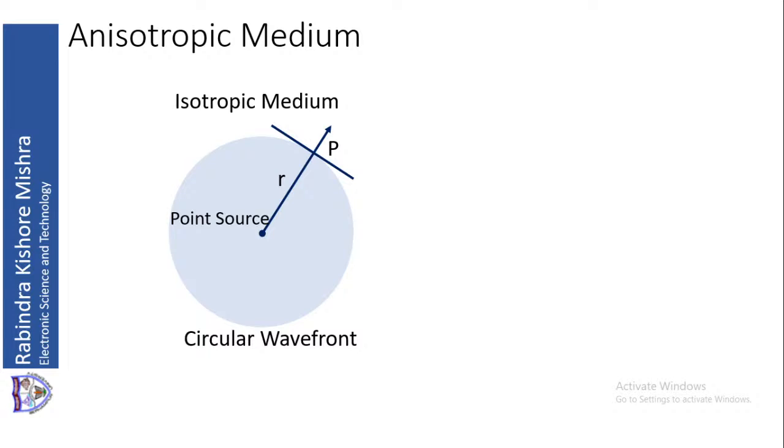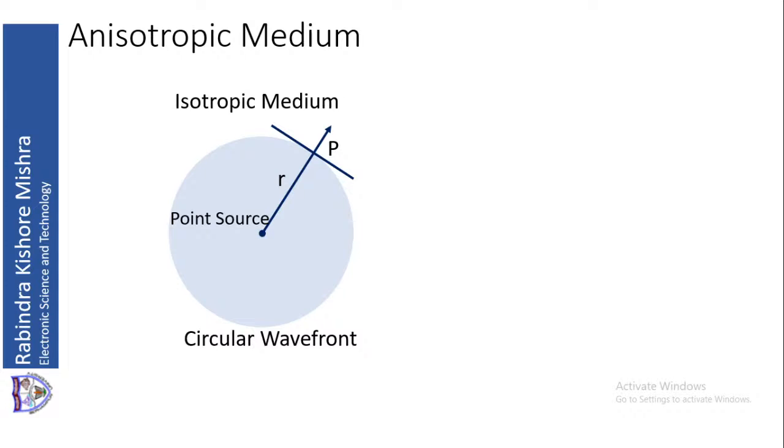Now how do you find out what is the direction? On the surface of the wavefront we draw a tangent to the sphere or to the circle, and the velocity will be perpendicular to that tangent. In case of a circle, in the isotropic medium, the perpendicular to the tangent of a circle or of a sphere is its radius.